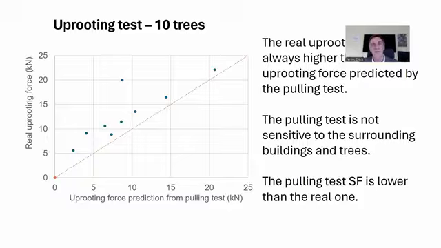The other reason that the pulling test provides a conservative, lower safety factor than the real one is that the calculation does not take into account the effect of the surrounding buildings and surrounding trees. So we assume that the total wind attacks the tree and there is no shelter nearby.